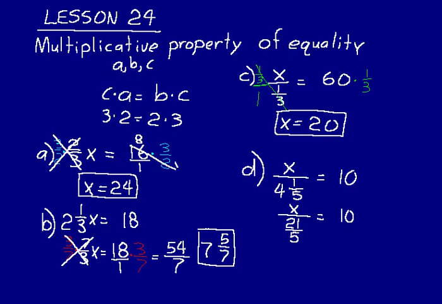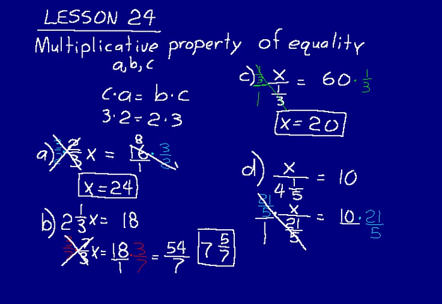And just like we did in practice problem D, we can multiply both sides by 21/5, and that will cancel the 21/5 on the left. And so we can think of that as 21/5 times x over 21/5, think of that as over 1, and those 21/5 cancel. And then on the right side, think of the 10.